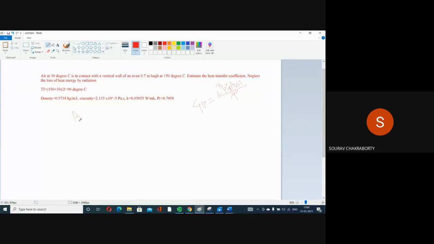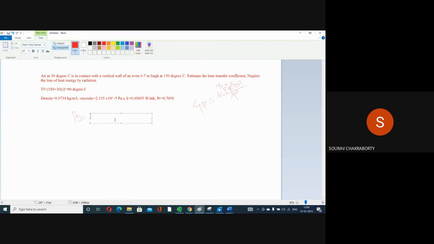So this beta, the coefficient of thermal expansion, will be equal to 1 by T plus 273. So it will be 1 by the bulk fluid temperature, this 90 degree we have obtained as the TF value.